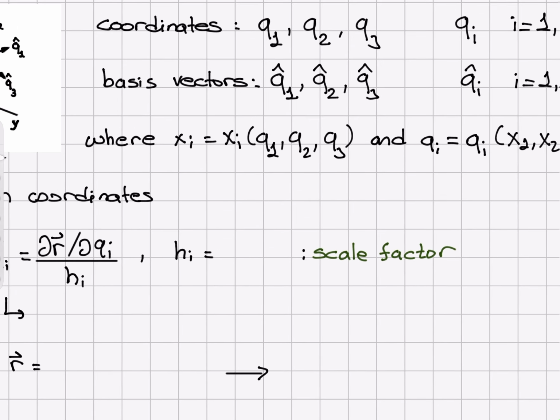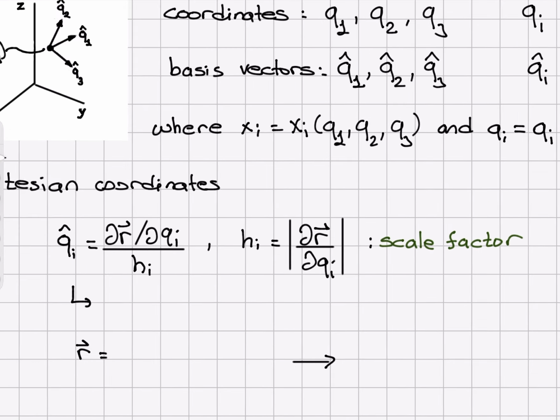So the magnitude hi, that is the magnitude of the partial derivative of the position vector with respect to the curvilinear coordinate qi, is the scale factor hi. And now you can see that for each unit vector, we have this relationship. There is no summation implied in this notation.